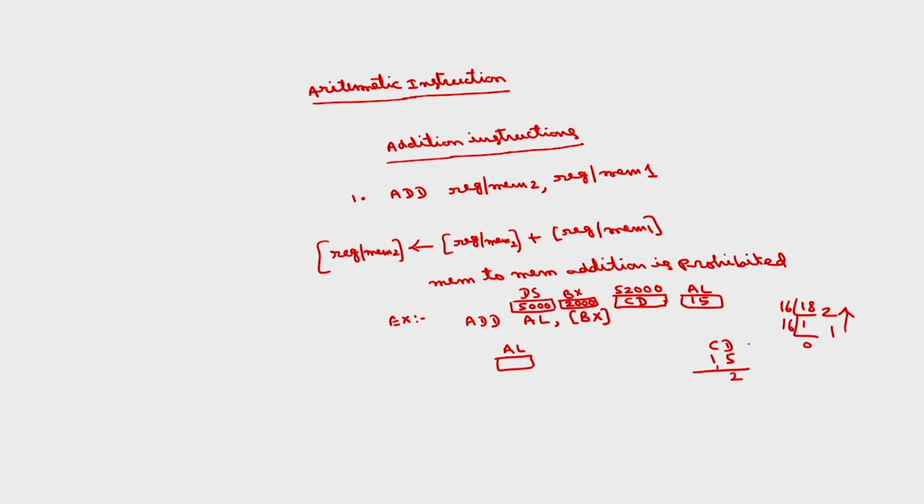So in decimal D is 13 plus 5 is 18, in hexadecimal 12. C, after that D, E, so this is E2. AL will have E2, the carry flag will be reset. This particular addition instruction affects all the flags.